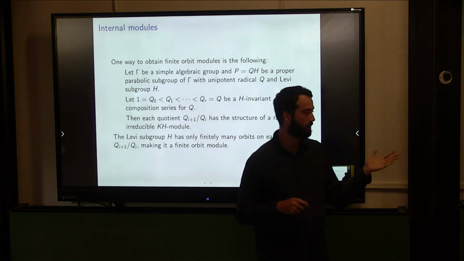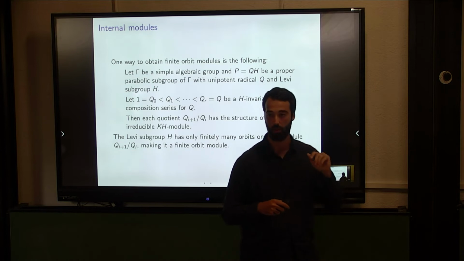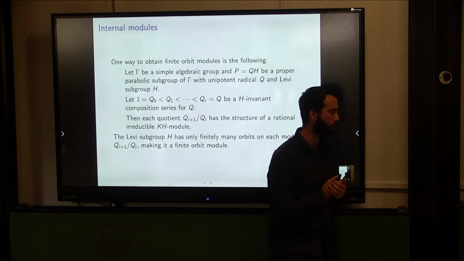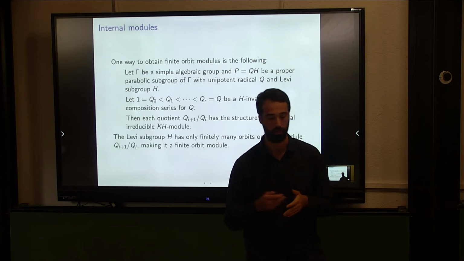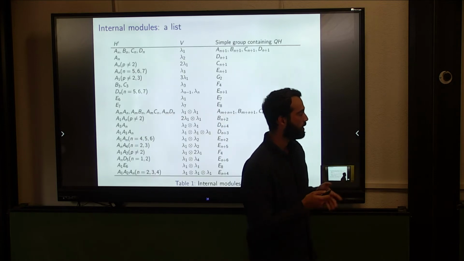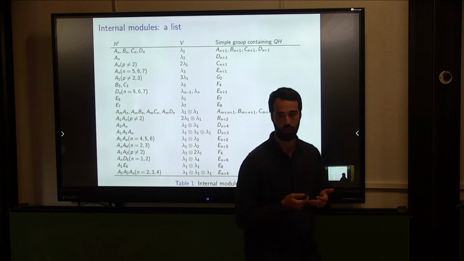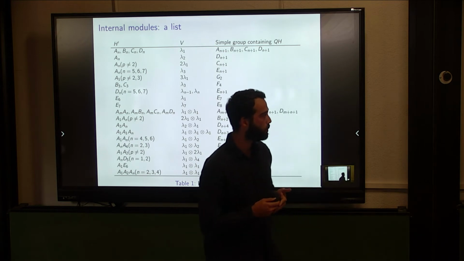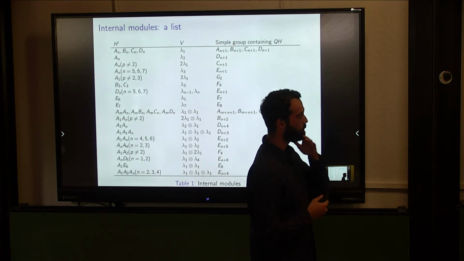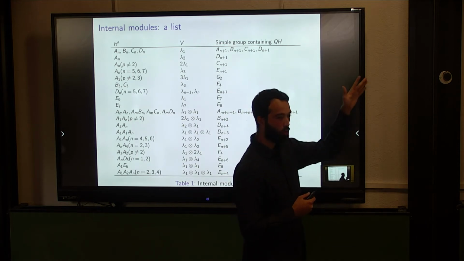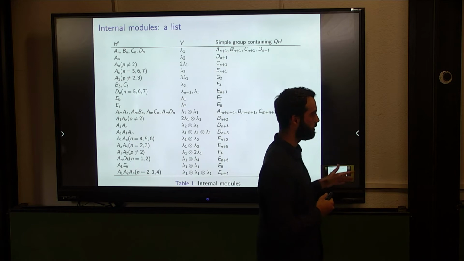In particular, if we take the derived subgroup of H, we get a semisimple group that is going to have finitely many orbits on one-spaces. And the good thing is that we have a list of internal modules. So what do we see here? This is going to be the notation I'm going to use in tables. So the groups are given by their Dynkin diagram.